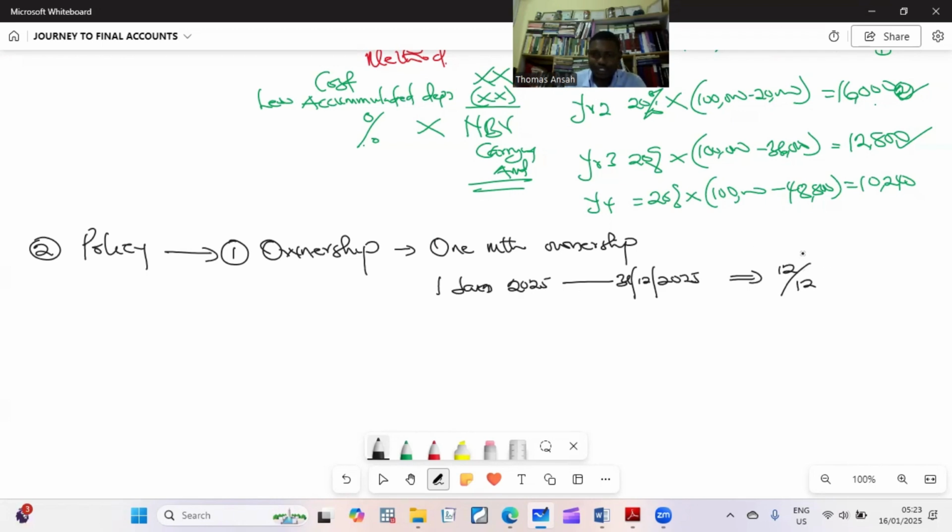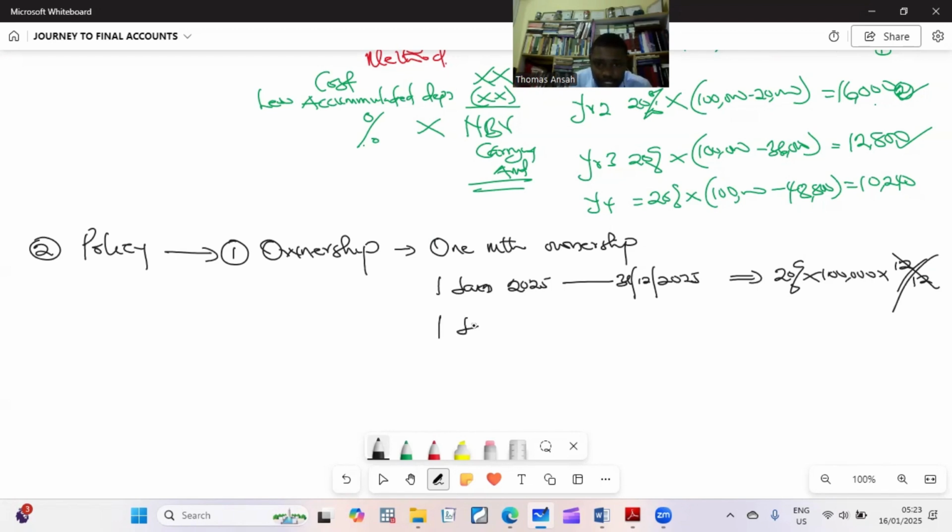So in our example, the first year will be 20% multiplied by 100,000. And since we own it for the whole 12 months, it will be 12 over 12. You can decide not to do this because it will be 1, and any number multiplied by 1 is the number itself.